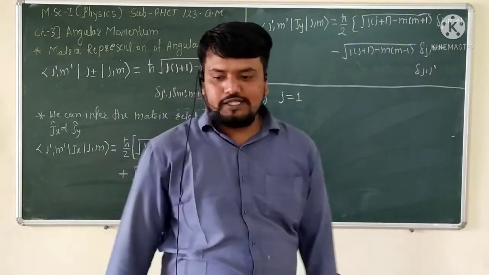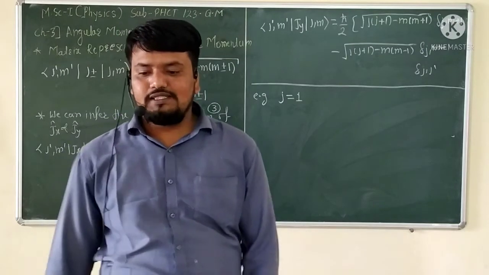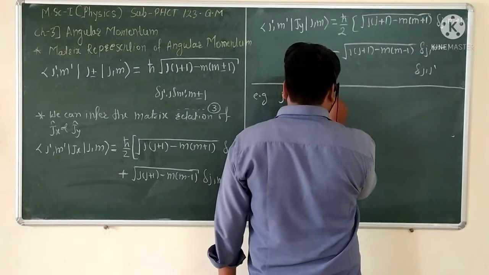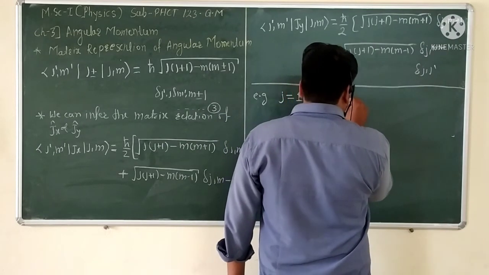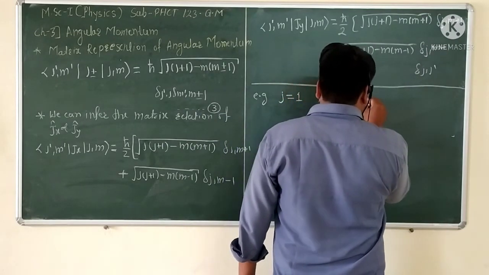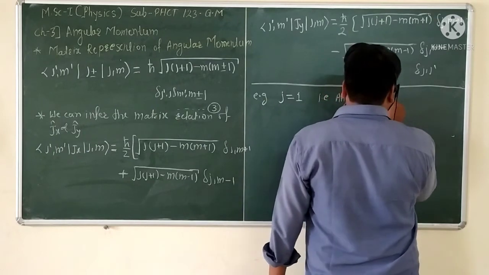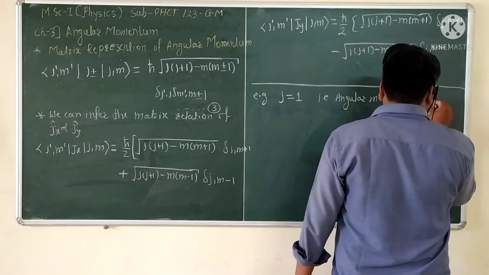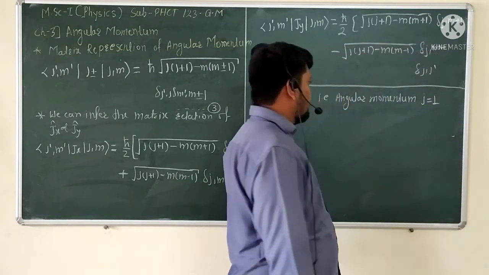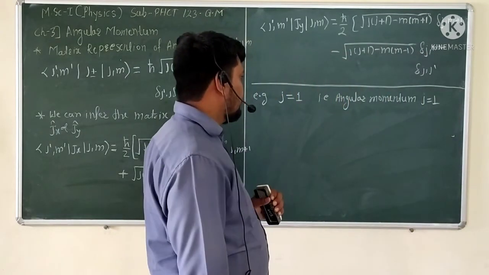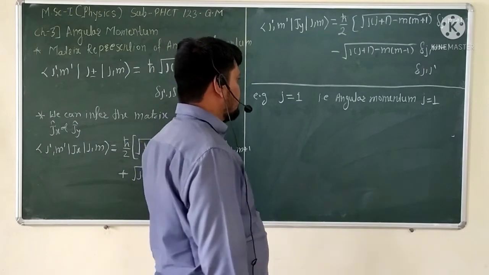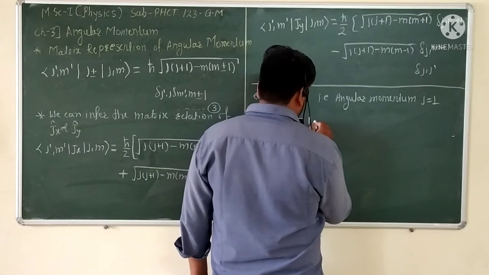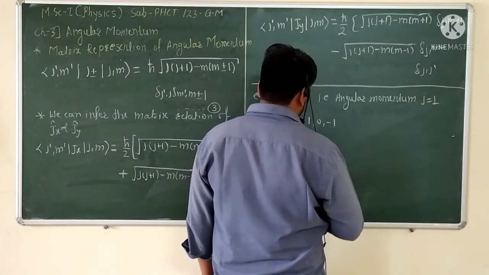The angular momentum j is equal to 1, so the m values are 1, 0 and minus 1.